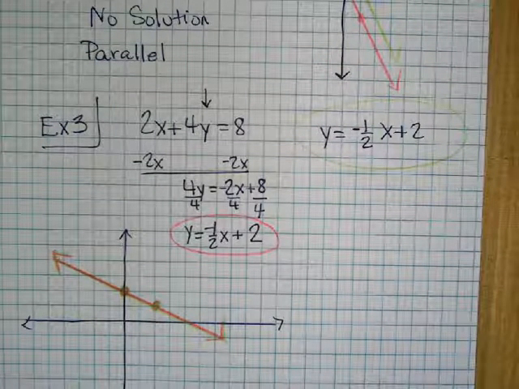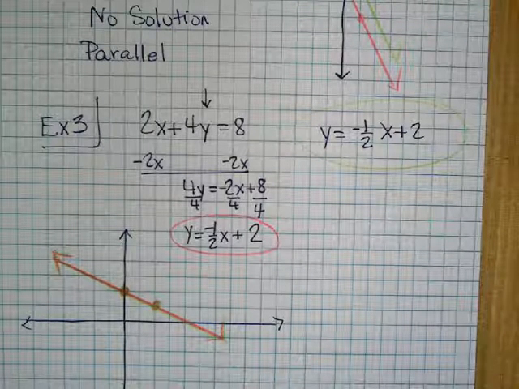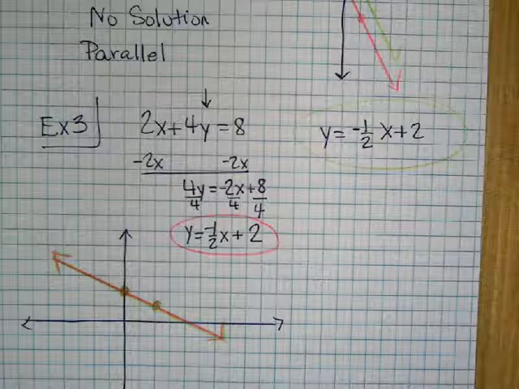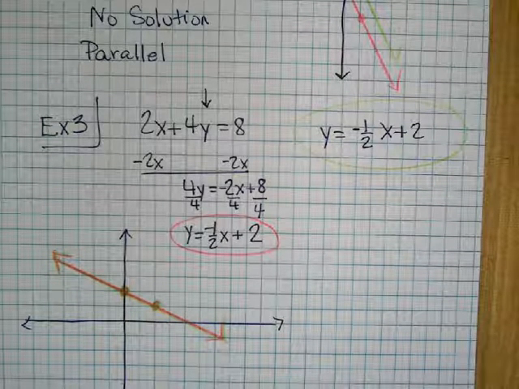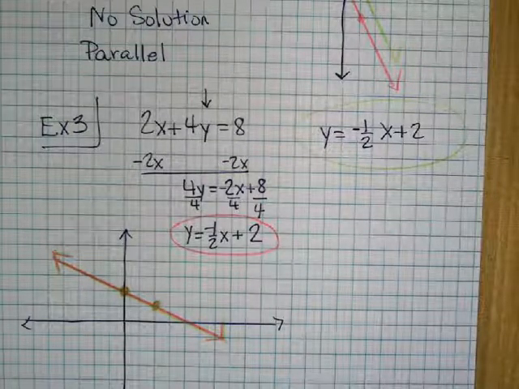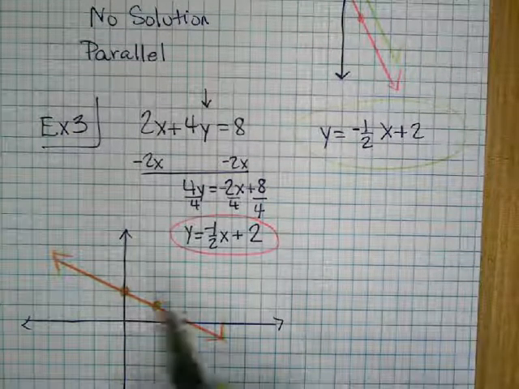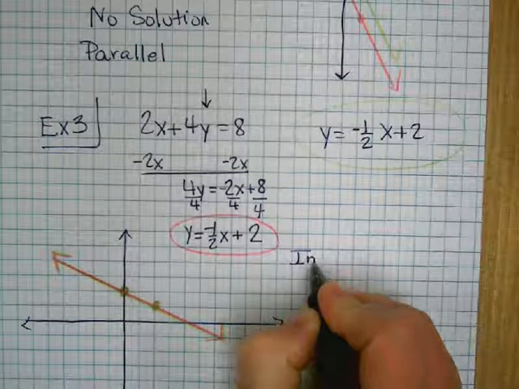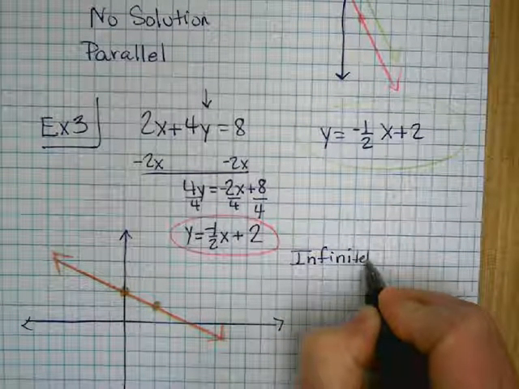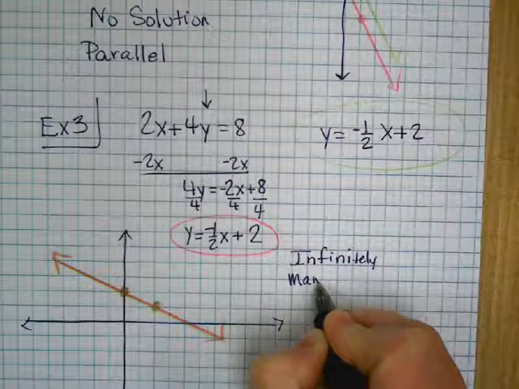Every single point that's on the pink line is also on the green line. So when that happens, you have infinitely many solutions.